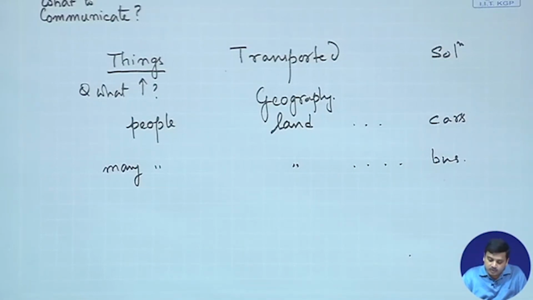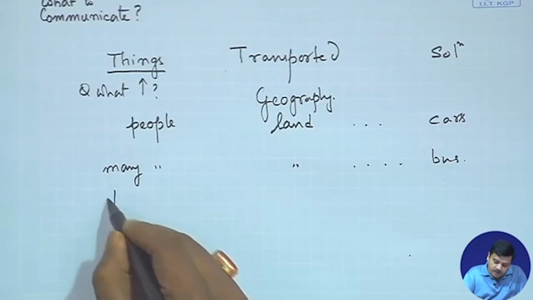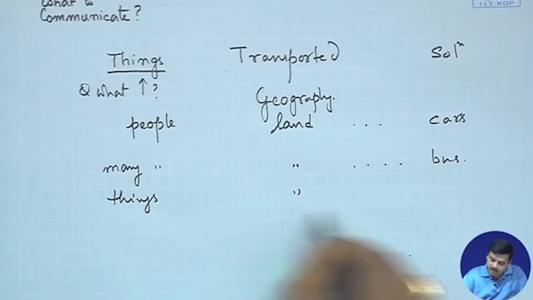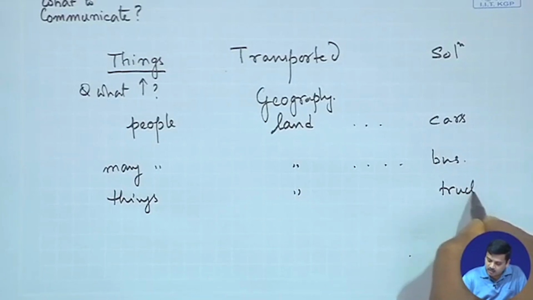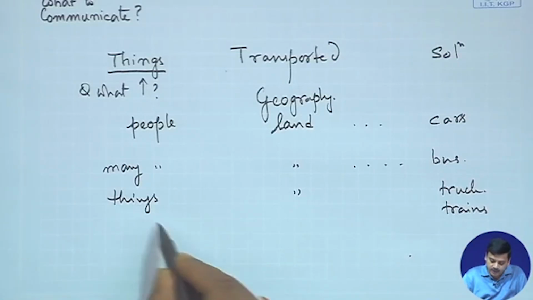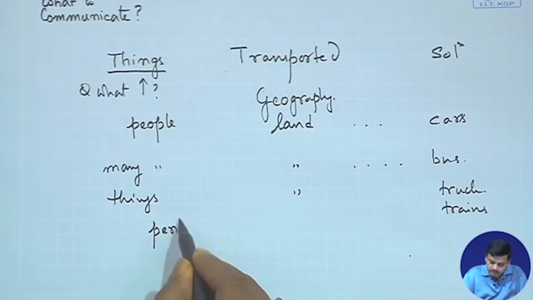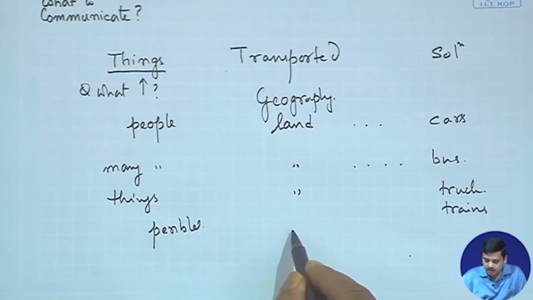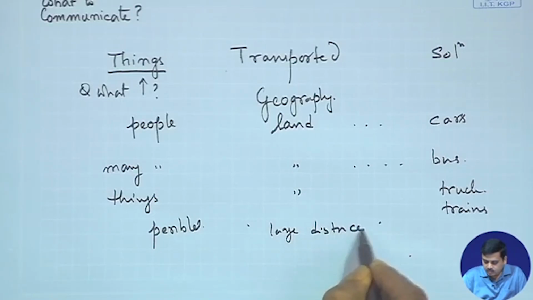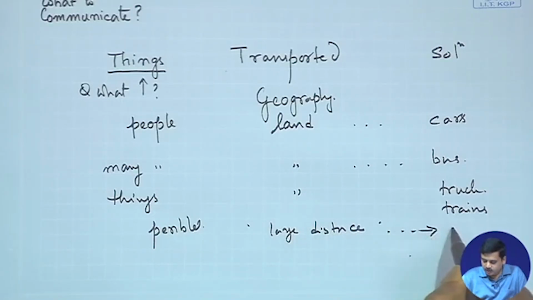Then we could move and say that we now want to transport things over land. We could think of a truck, or a goods train. Then we could think of things which are perishable and over large distance, and then we could think of airplanes.